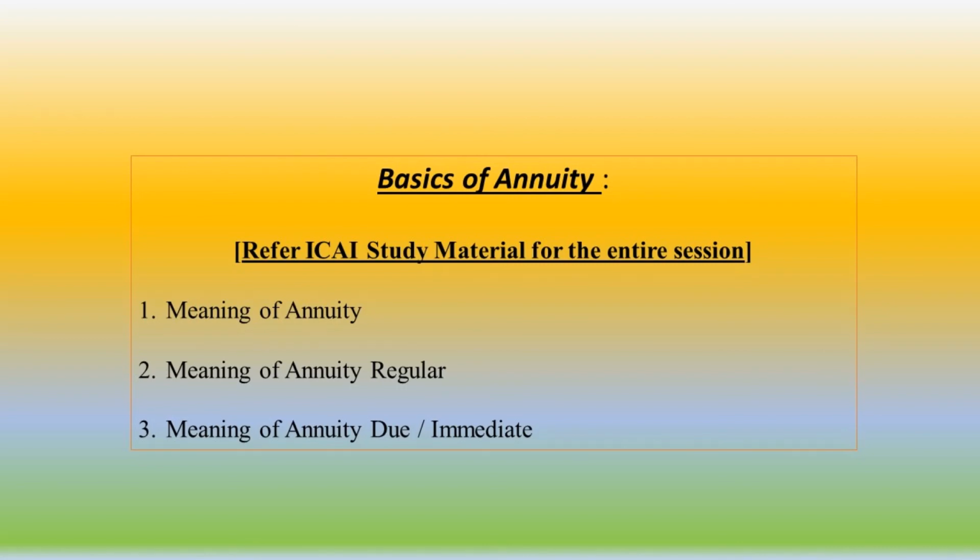And suppose at the first step you have concluded that the problem relates to annuity due or annuity immediate, then the next step would be to identify whether it relates again to future value of annuity due or immediate or present value of annuity due or immediate. So ultimately, we have 4 sets of combinations. One, whether the problem falls under future value of annuity regular or present value of annuity regular. And the other would be whether it is future value of annuity due or immediate or present value of annuity due or immediate.